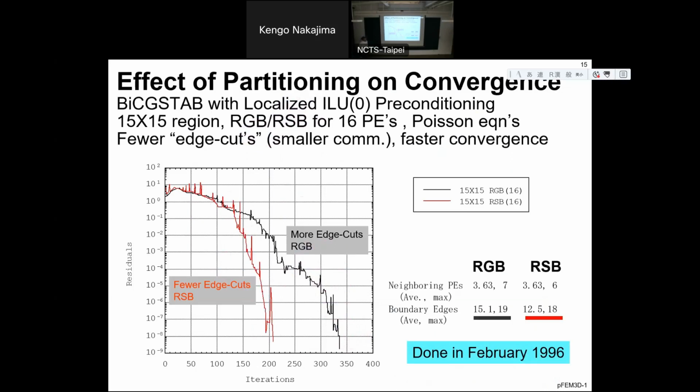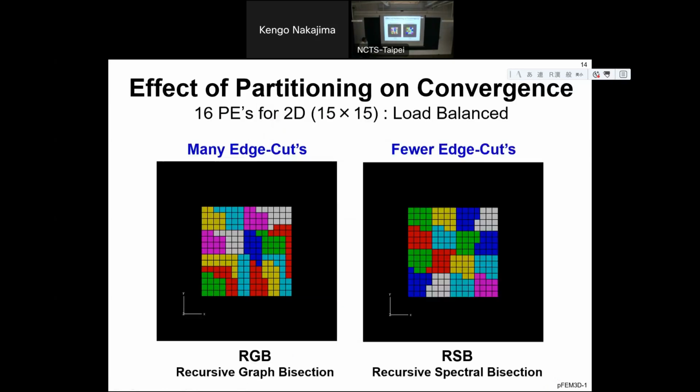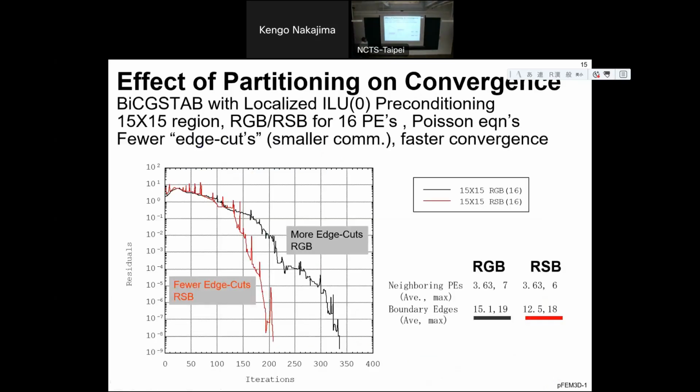We have a different number of iterations according to the different partitioning. The red one provides much better convergence compared to this one. This result comes from the fewer edge cuts in the RSB, and the larger number of iterations on the right-hand side comes from the more edge cuts in the RGB.